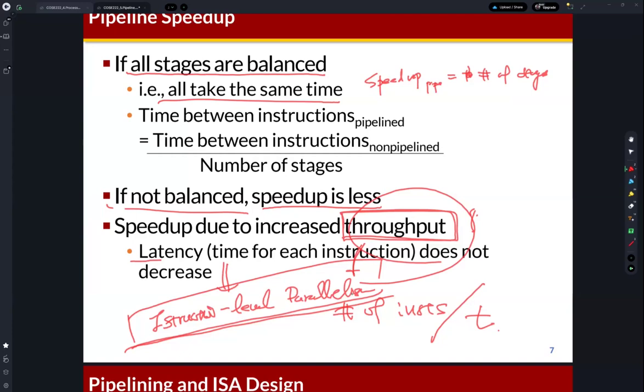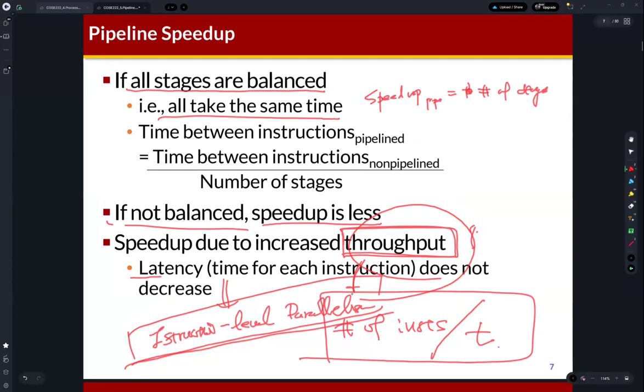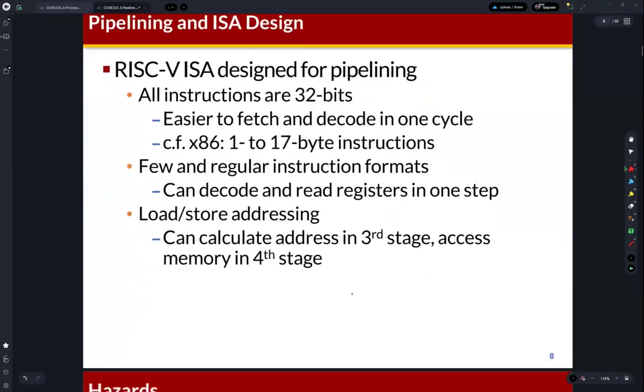We can increase the number of instructions which are being executed in a processor. So it means we can improve the throughput of instructions using pipelining. Okay.